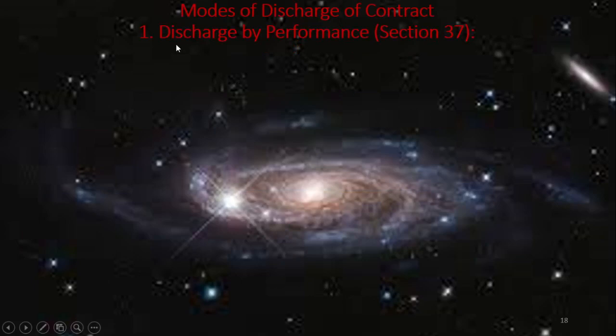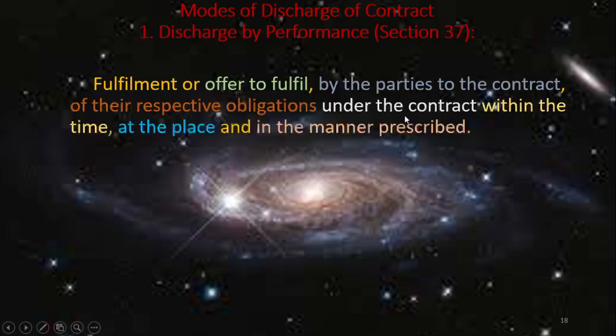The first one, discharge of contract by performance, which is mentioned under section 37. Here discharge of contract by performance means fulfillment or offer to fulfill by the parties to the contract of their respective obligations under the contract within the time, at the place, and in the manner prescribed.